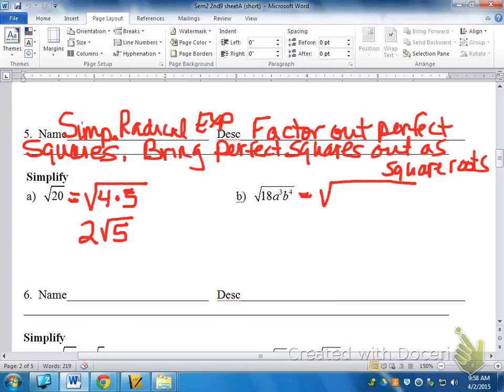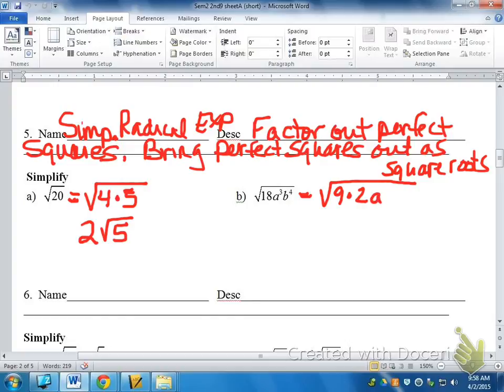18, what's the largest perfect square that's a factor in 18? 9. So you take 18 and make it 9 times 2. Now, any variable is a perfect square as long as the exponent is even. But a to the third is not even. So here's what you do with that.